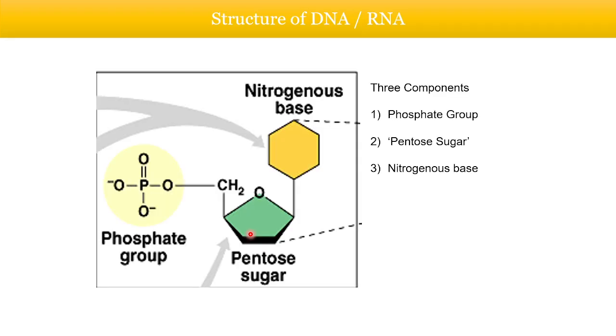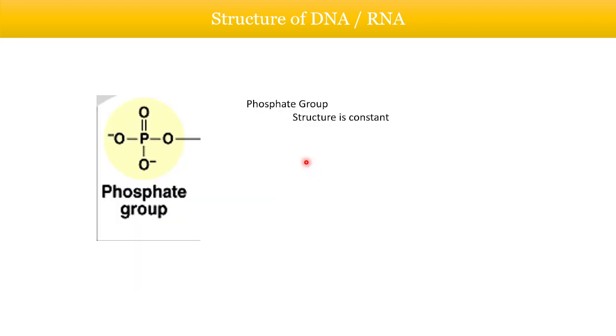Okay, so in the structure of DNA and RNA, we mostly have the phosphate group, then the pentose or ribose sugar, and the nitrogenous base which is attached to it. This phosphate group structure mostly remains constant, and because of this phosphate group we call these nucleotides, and these phosphate groups are important for giving a negative charge to the DNA.